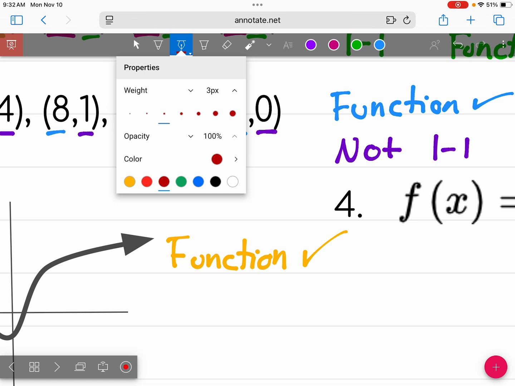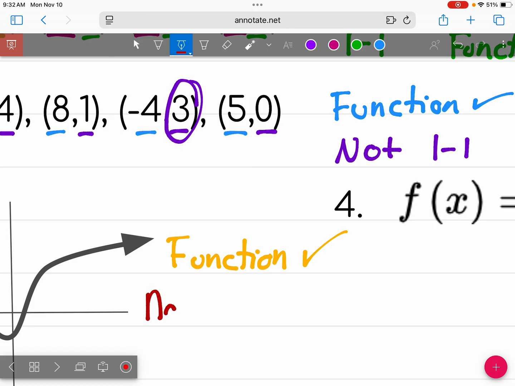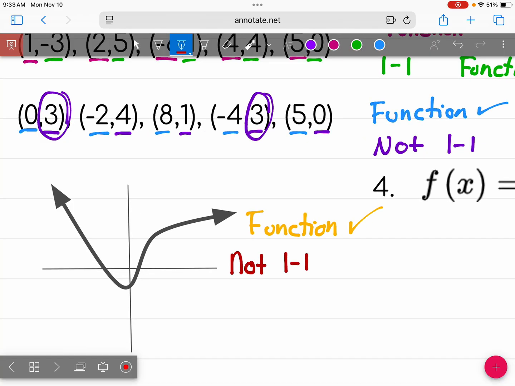So it just takes one failure for it to be a no. So this is not a one-to-one function. It fails the horizontal line test. So this one is not one-to-one. It fails our horizontal line test by hitting more than one time in a number of different places.